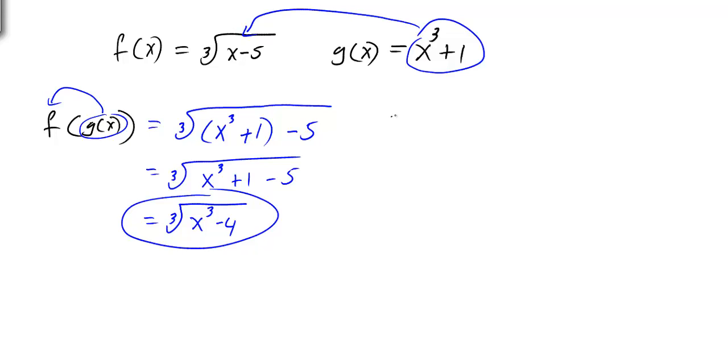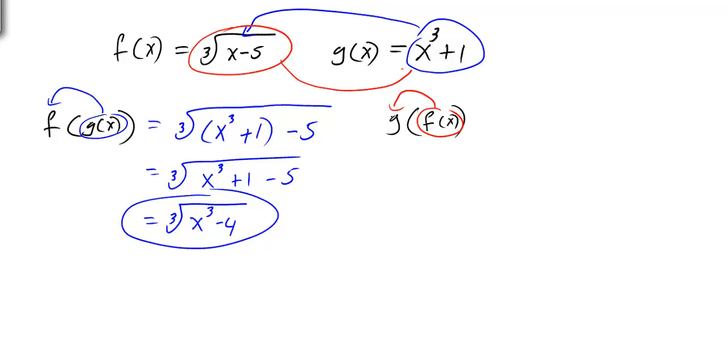And then of course, if we want to find g of f of x, if you want to go the other direction, that means we're going to take f and substitute that into g. So here's function f, and we want to substitute that over here. We would simply get then x cubed, but x is going to be the cube root of x minus 5. So if we take the cube root of x minus 5, plug that in here for the x, then all of this is going to be raised to the third power, and then we still have the plus 1.